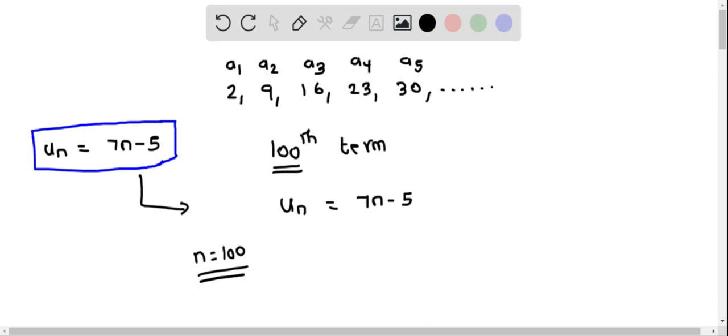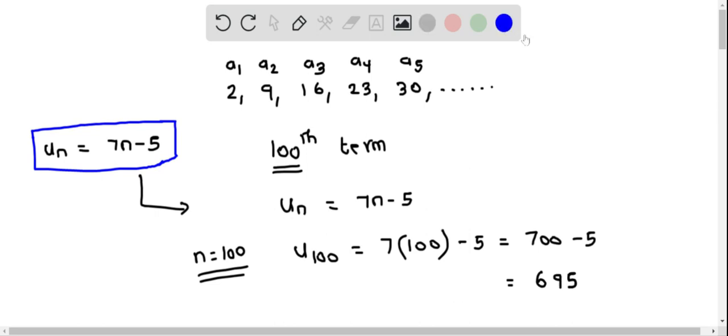So this formula becomes u of 100, and this equals 7 times 100 minus 5, and this equals 700 minus 5, and this equals 695. Therefore, the hundredth term of this sequence is 695.